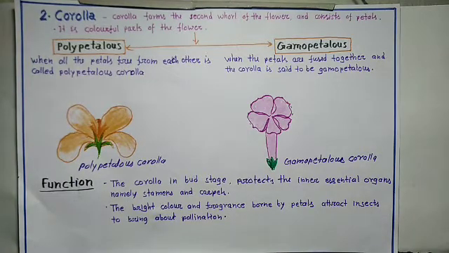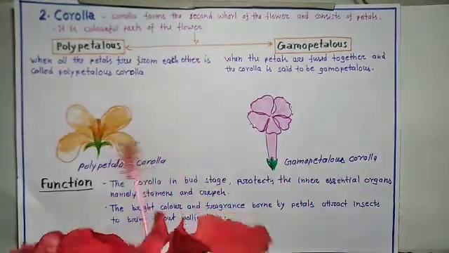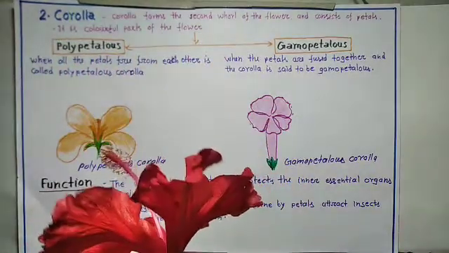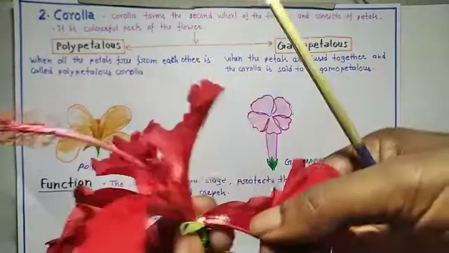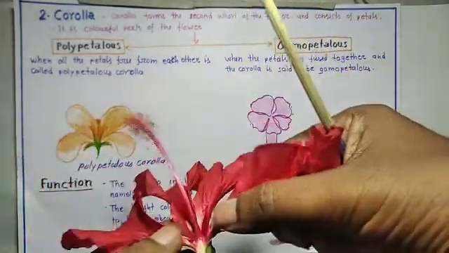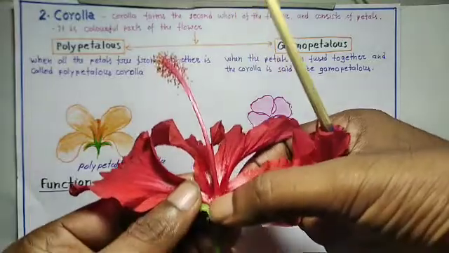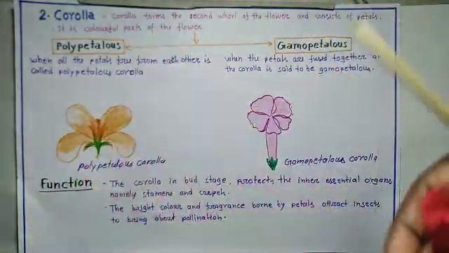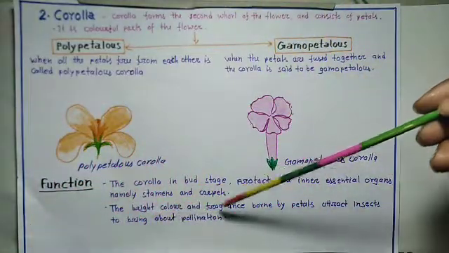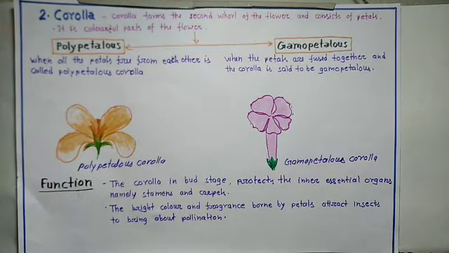Now function of corolla. The corolla in bud stage protects the inner essential organs, namely stamens and carpels. You know that the corolla protects the inner essential organs, such as these, stamens and carpels.